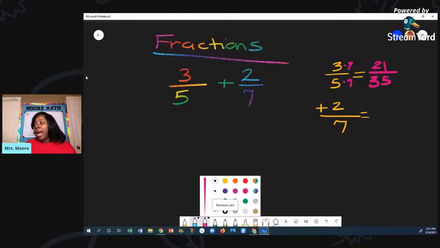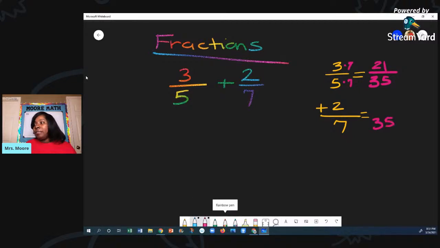Again, we have 35 as our common denominator. 7 times what is 35? 5. And whatever I do to the bottom, I have to do to the top. So 2 times 5 is 10. Okay?